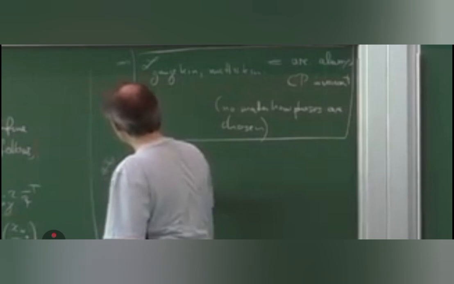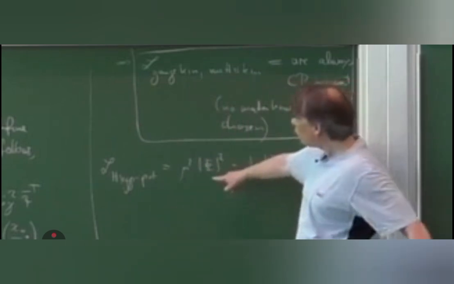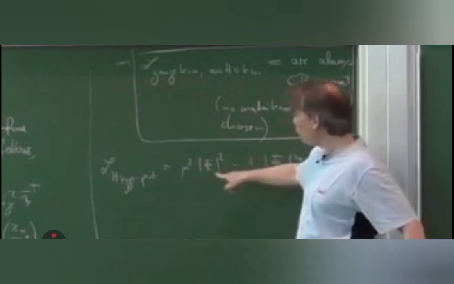First, the Higgs potential. Which is mu square phi square minus lambda phi to the fourth. And here you see what happens if you replace phi by phi dagger.